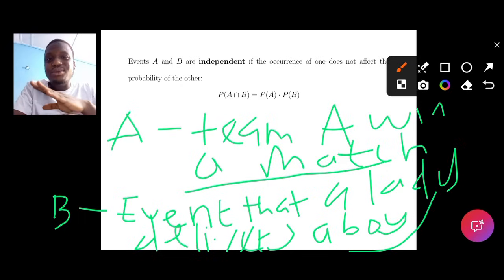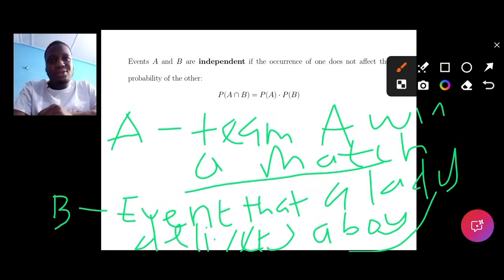Makes no sense. It has no connection. So it could be that team A will win and the lady will deliver a boy. Fine. It's possible. It may be that team A will win, but the lady wouldn't deliver a boy.